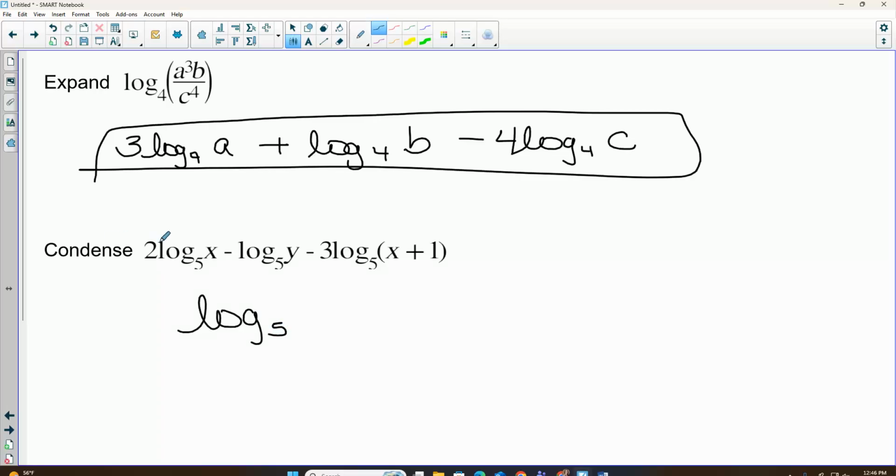What do I do with this 2? So that's x squared. Minus, so I would divide by my y. Minus, so was this going to go on the top or the bottom? The bottom. And the 3 would turn into an exponent. So x plus 1 cubed.